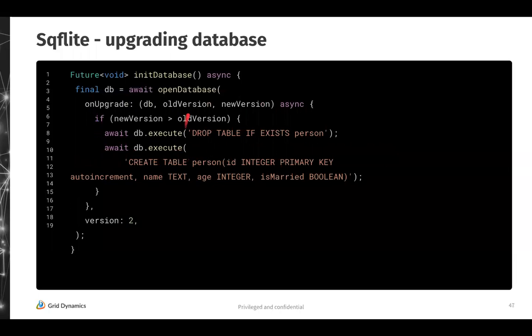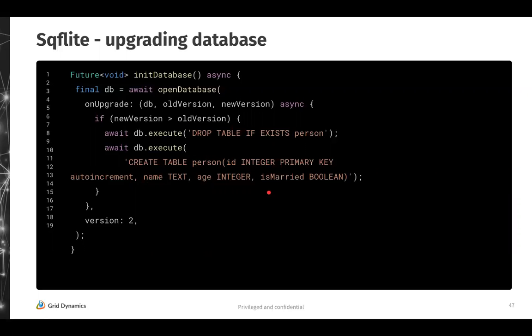So as you can see here in this example, along with all of the database configuration, we can provide a version argument, which indicates a number of versions of our database. And later we will have to define our own upgrade logic inside the onUpgrade callback, where we have to manually handle all of the version jumps between the new version and the old one, which is tedious, error-prone, and not really convenient to do, but unfortunately, this is the only option we have for now, if I'm not mistaken.